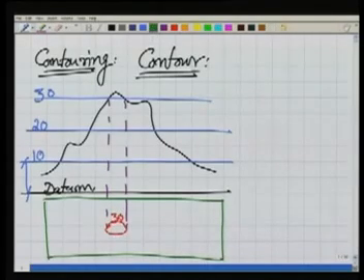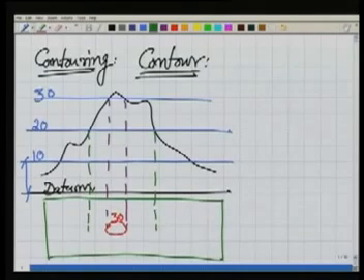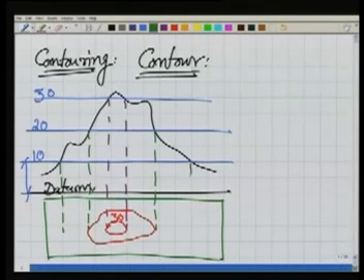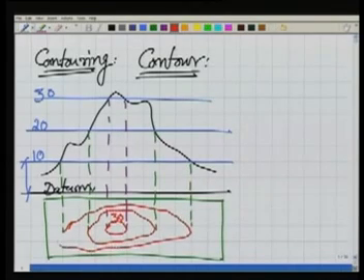Then the second one, the 20 meter contour, cuts it here, so we have our 20 meter contour, which may look like this. Then finally, we also have the 10 meter contour. We are just trying to understand graphically the meaning of a contour. So the contours may look like this: 30, 20 and 10.